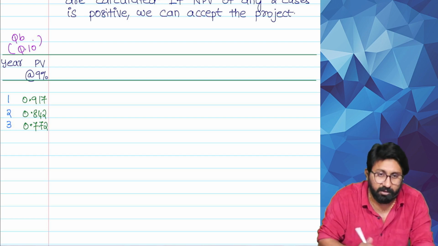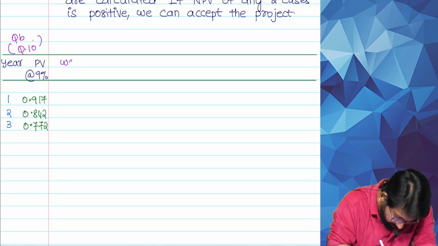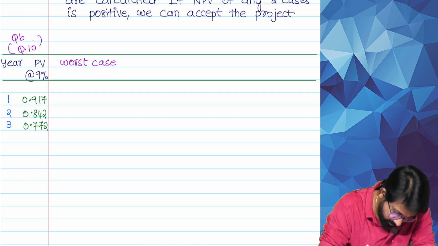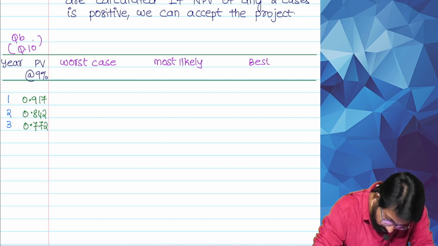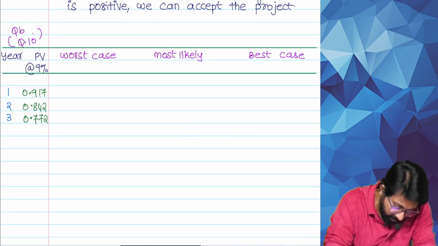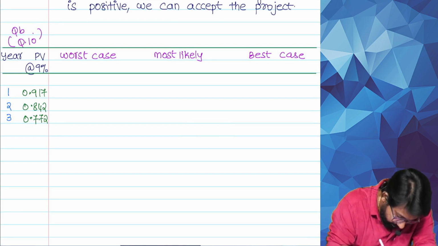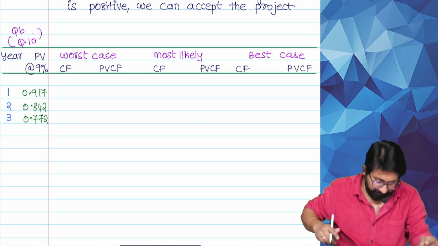What is the first scenario? Worst case. Then best case. Tell me: cash flow, PVCF.